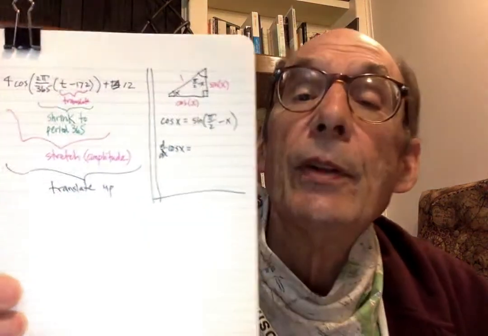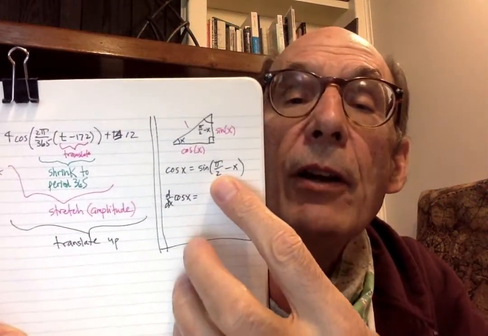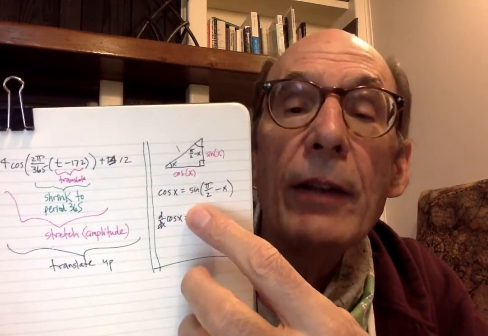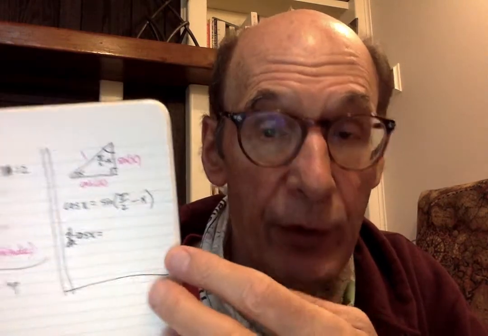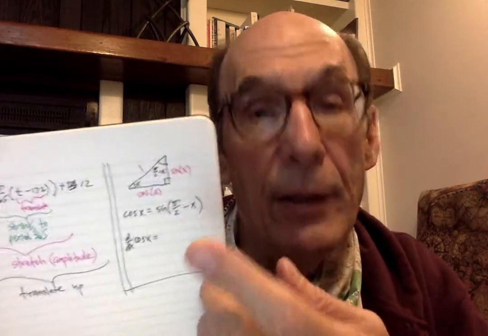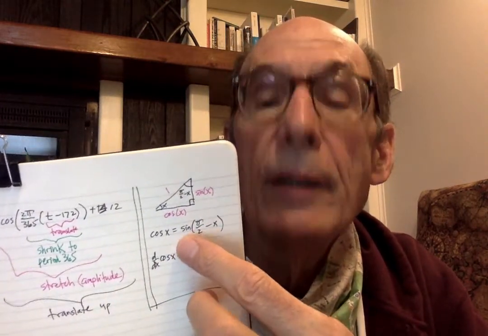Okay. And so when we want to take the derivative of cosine of x, this is a good review situation. We've got to use the chain rule because this over here is a composition. We've taken x and subtracted it from pi over 2. That's a function. It's a very simple function, but it's a function. That's your cue to use the chain rule. The chain rule says if you have a composition of functions, the derivative is the product of their derivatives. So in this case, what you get is cosine of pi over 2 minus x times minus 1.